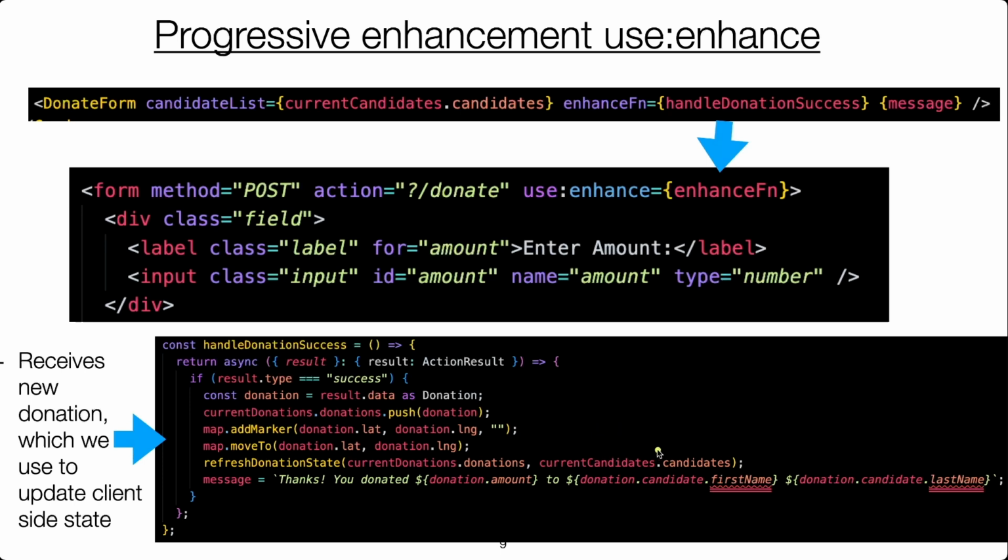So there's quite a bit of work going on here to keep our state updated. We haven't refreshed everything. We've just seen that one donation has been added, and we're about to refresh our state based on that one donation.